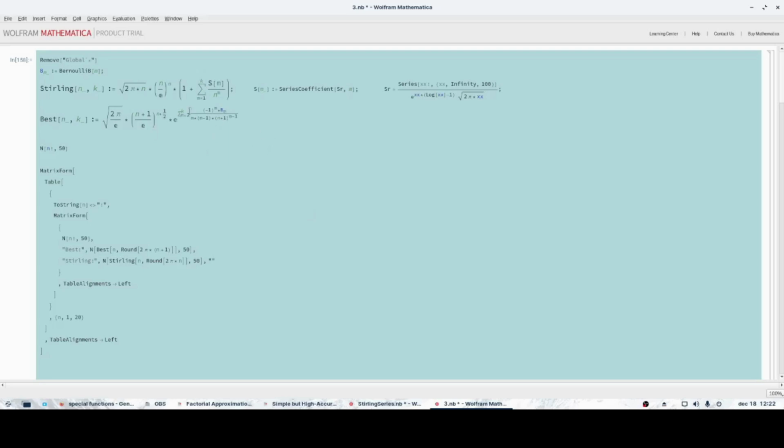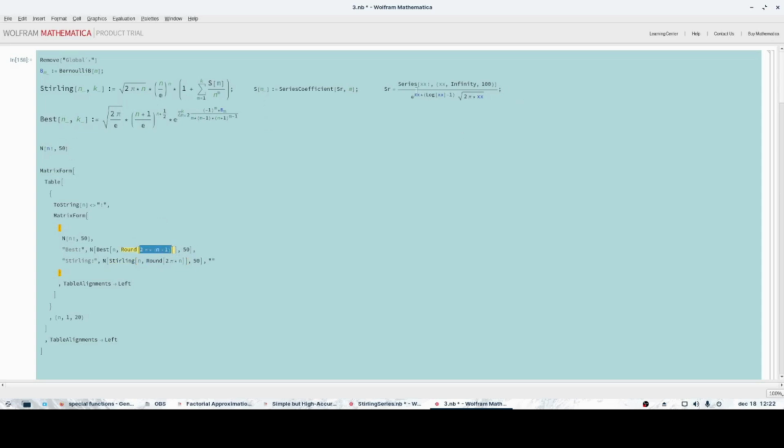So what I want to say is that the Stirling formula can compute and approximate n factorial when this key value is rounding to pi by n. And the best formula is nearly the same, just that it is 2 pi by n plus 1.